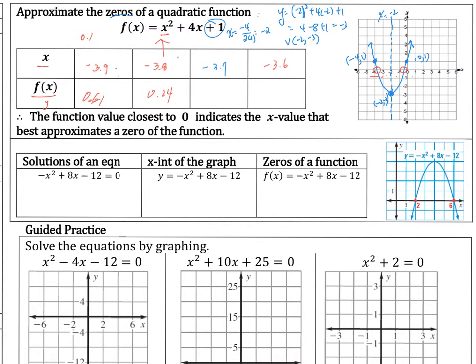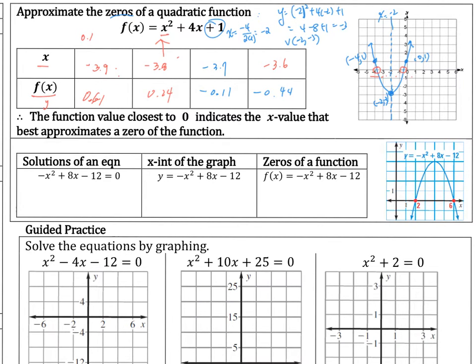I'm going to keep going. -3.7 would give me -0.11. And when I substitute -3.6, I get a y value of -0.44.